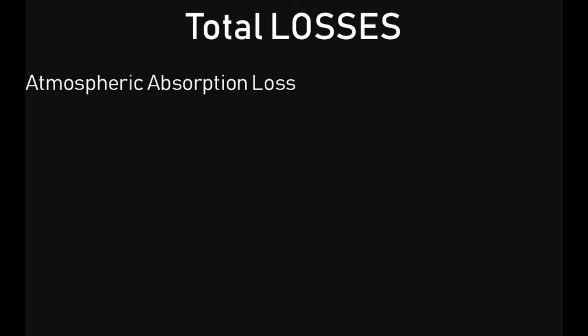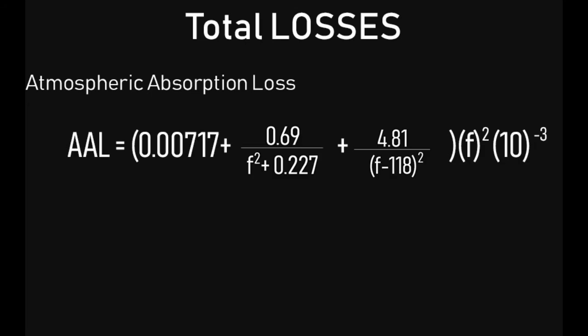To get the atmospheric absorption loss, the formula is 7.17 times 10 raised to negative 3 plus 6.09 over frequency squared plus 0.227 plus 4.81 over the difference of frequency minus 118 squared, multiplied by frequency squared times 10 raised to negative 3.